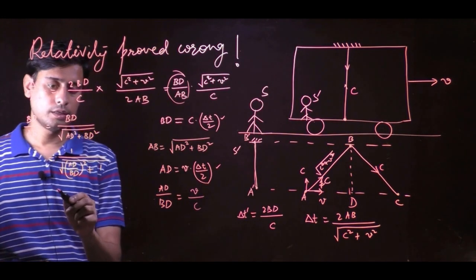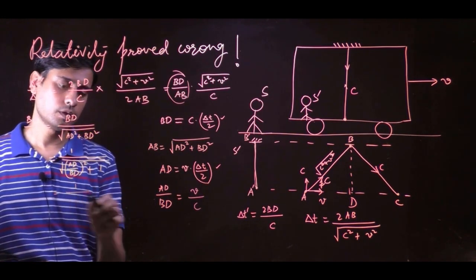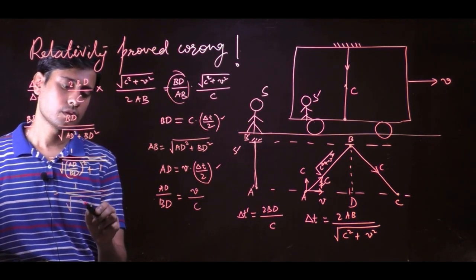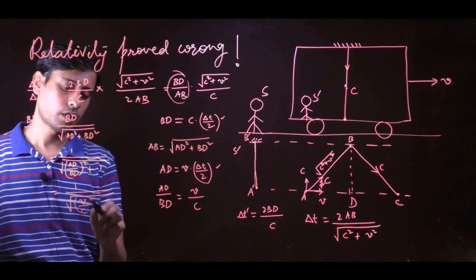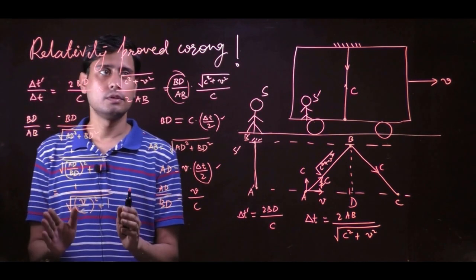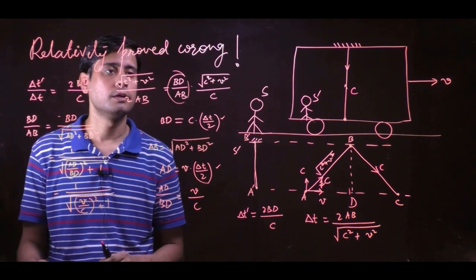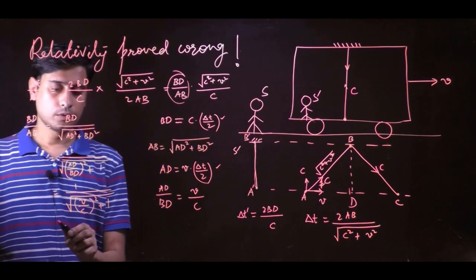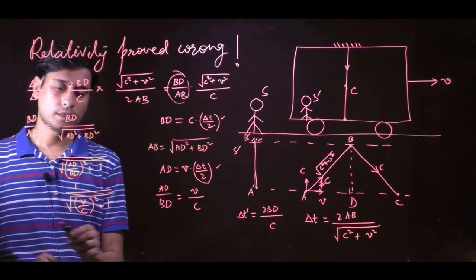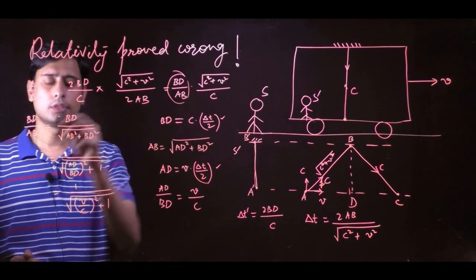So we can write that this is equal to 1 upon square root of v by c whole square plus 1. So we have calculated BD upon AB. Now just put it here.